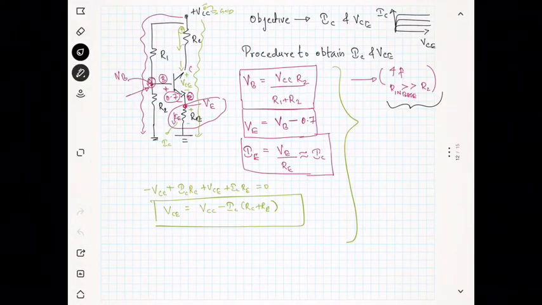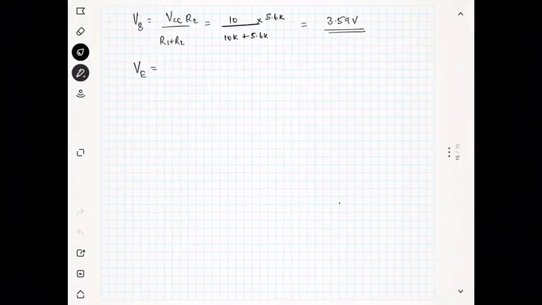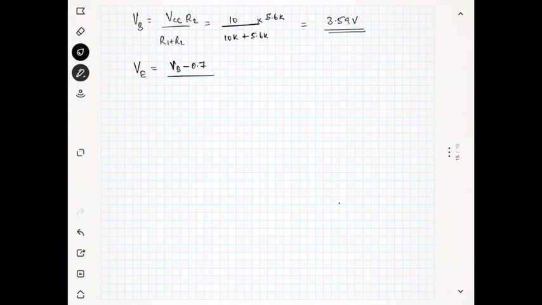Now since you got VB, you can find VE as we discussed before. You are going to use the formula VE is equal to VB minus 0.7. So that is 3.59 volt minus 0.7, which is equal to 2.89 volt.